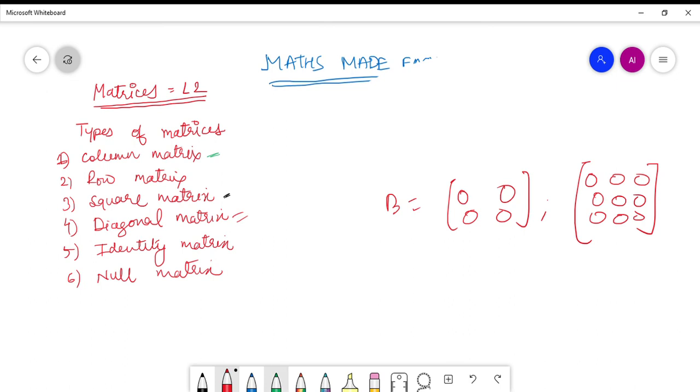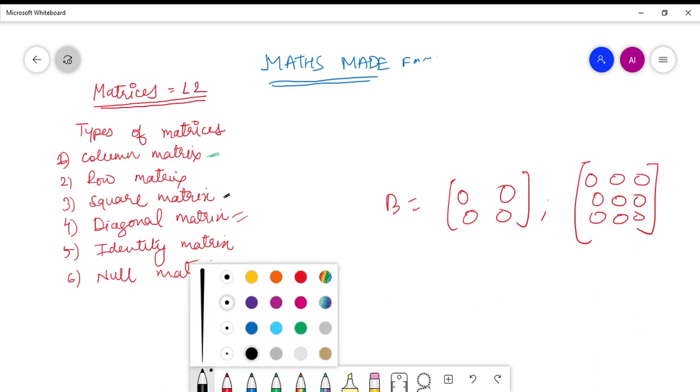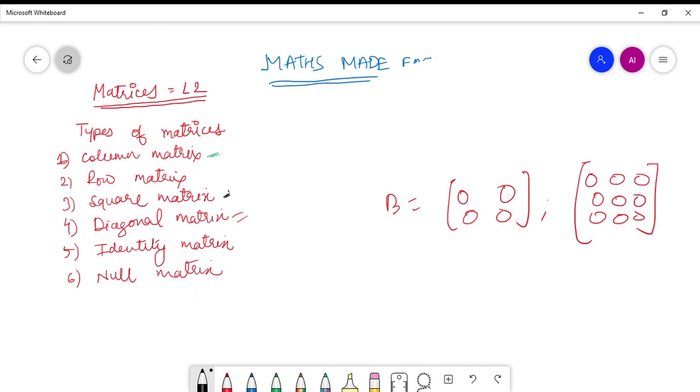Some of the important ones we are going to use are square matrix, diagonal, and identity matrix.